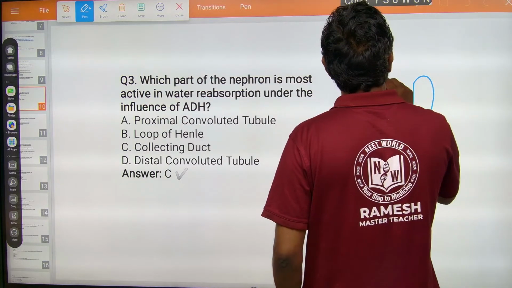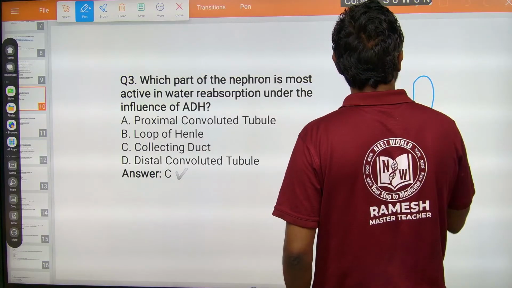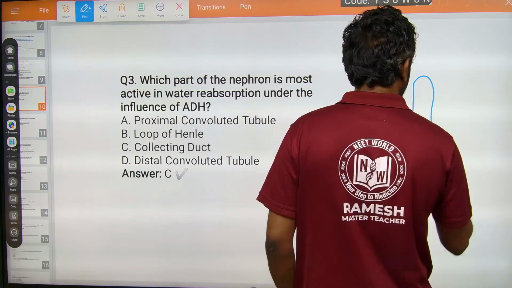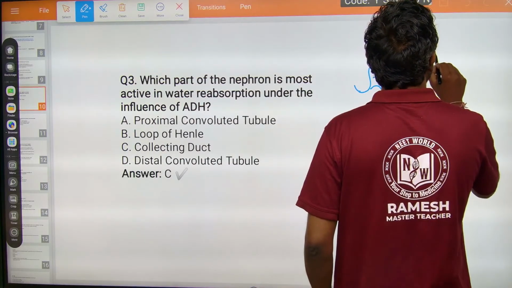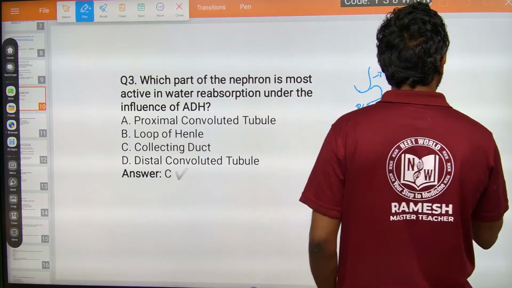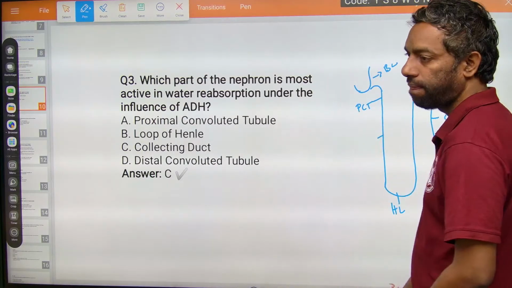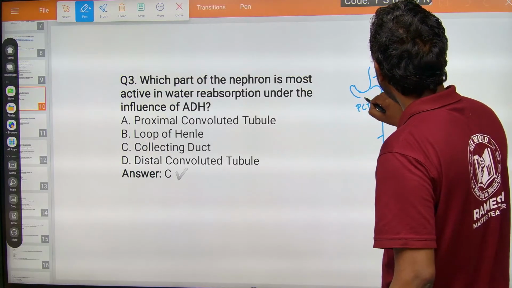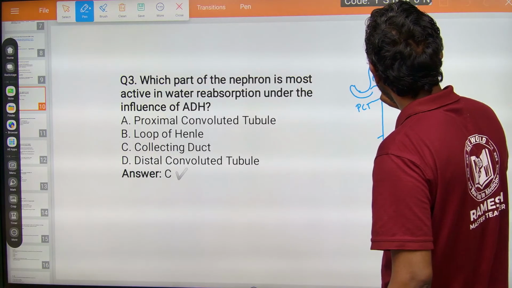This is Bowman's capsule and the loop of Henle, PCT, DCT, collecting duct. If we come to the nephron, don't get confused. This is the nephron, of course.